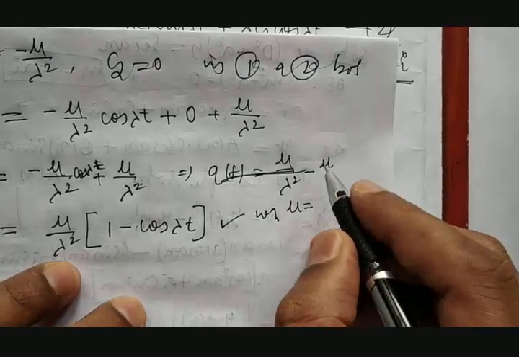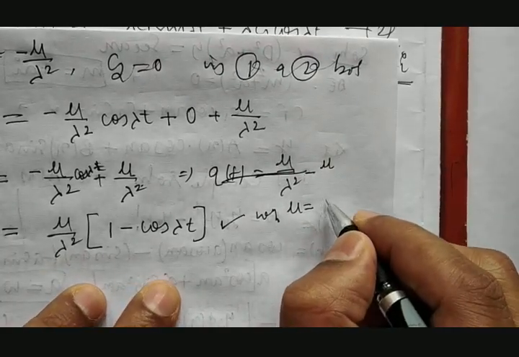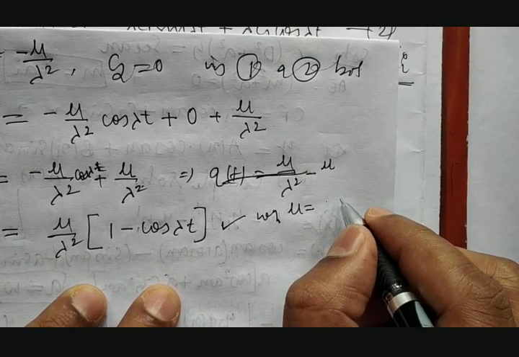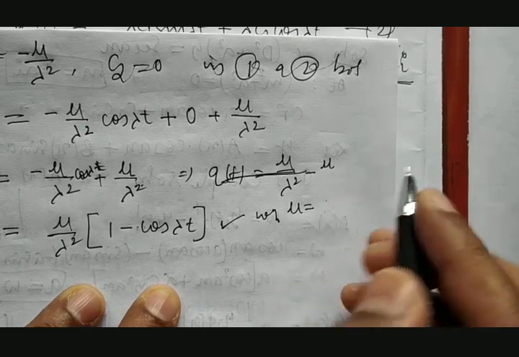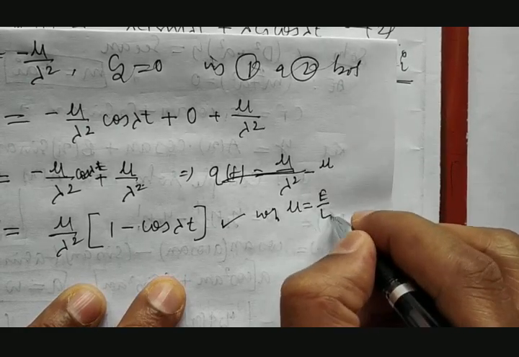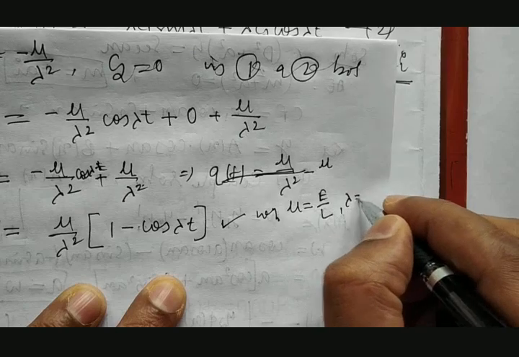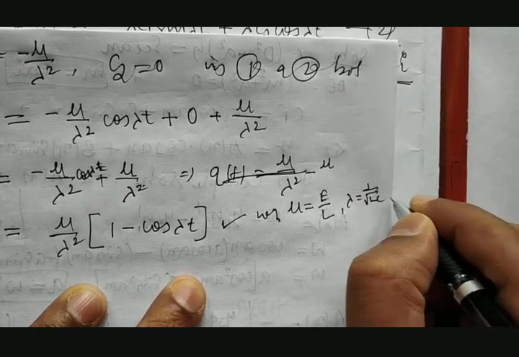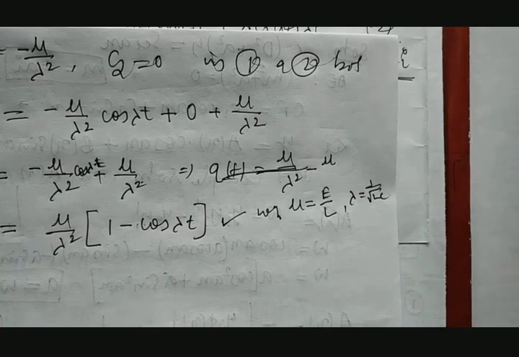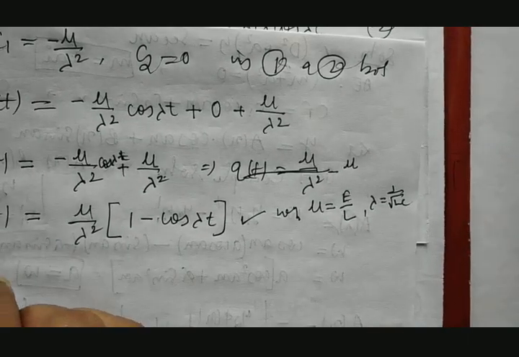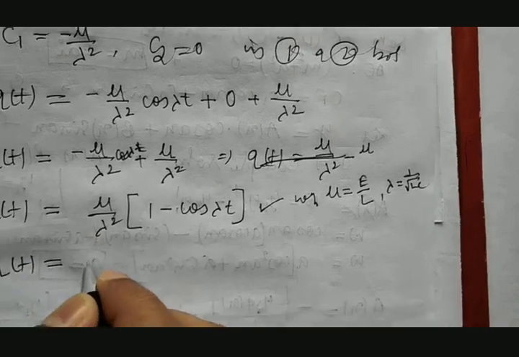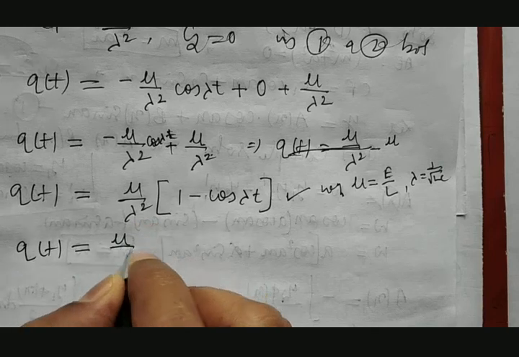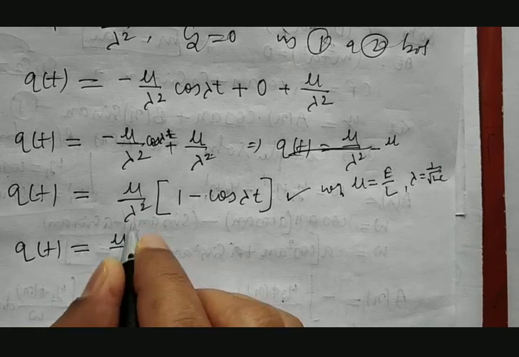So lambda is equal to 1 divided by root LC. If we substitute these values, then q of t becomes mu by lambda square.